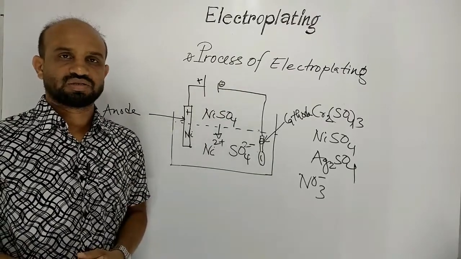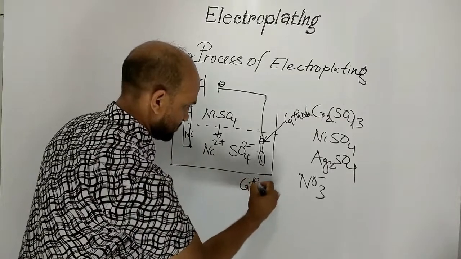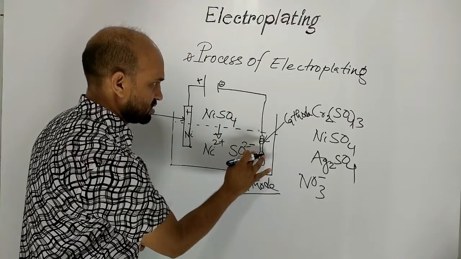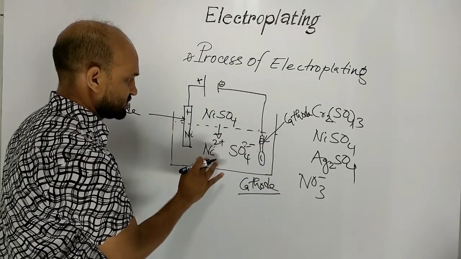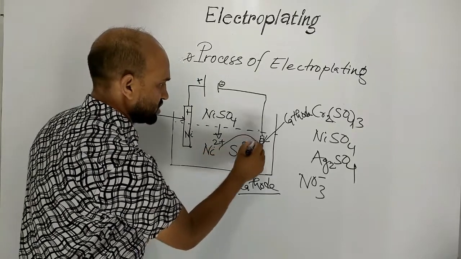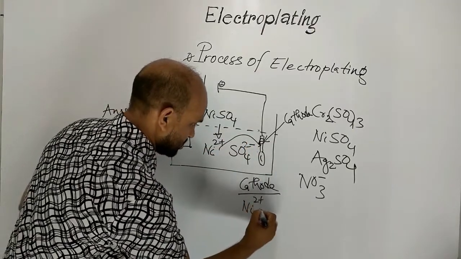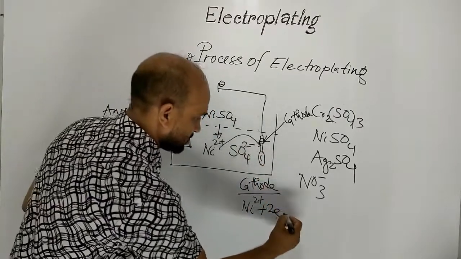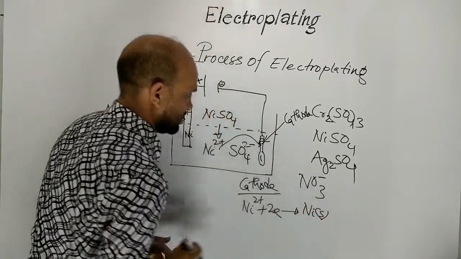Let's see reactions at the cathode first. Cathode is negatively charged, that is why positively charged ions will move here. That is, nickel 2 plus will receive 2 electrons from the cathode and convert to solid nickel.